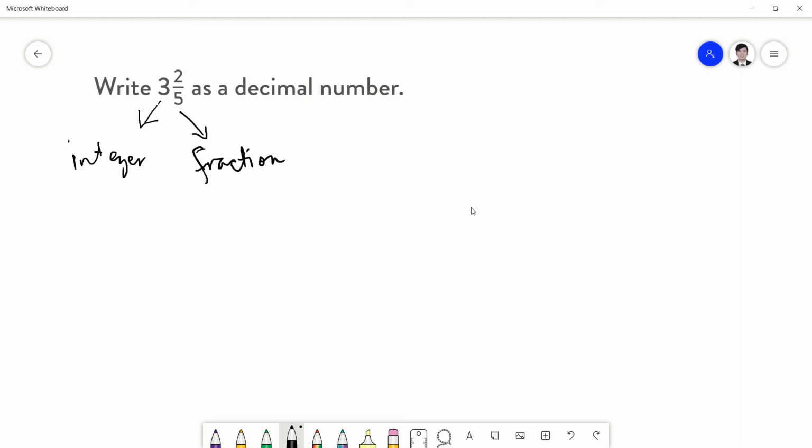So that means that it is a combination of the two different numbers that we know, the integers and the fractions. So we can rewrite 3 and 2/5 as 3 plus 2/5, because the whole point of a mixed number is combining an integer and a fraction.